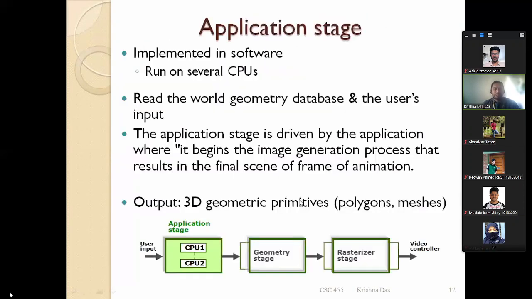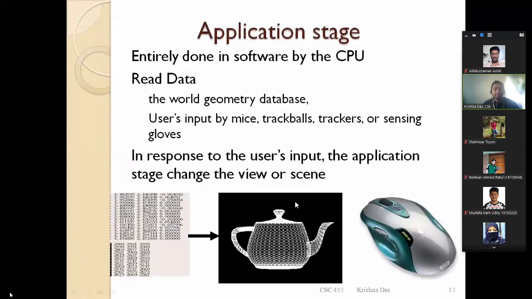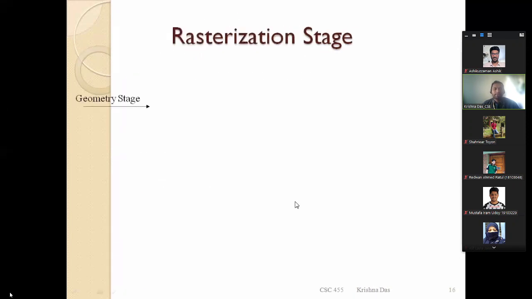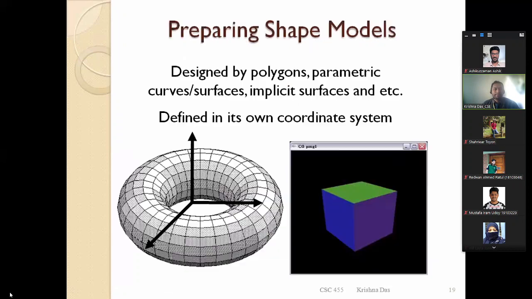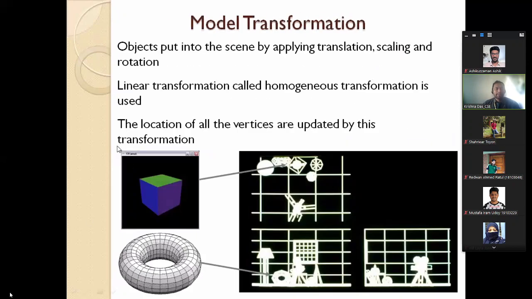You can see here, this is the model, a modeling transformation. As you can see, the individual model now belongs to a scene, belongs to an image. Whenever you create an individual model, that object has its own coordinates. Now I'm taking that into world space.